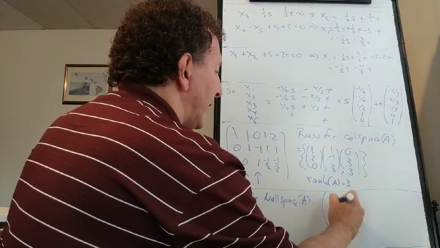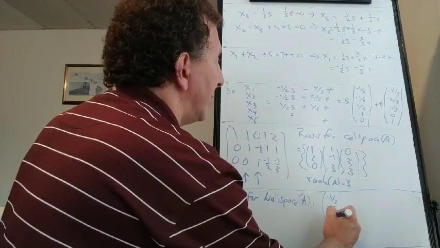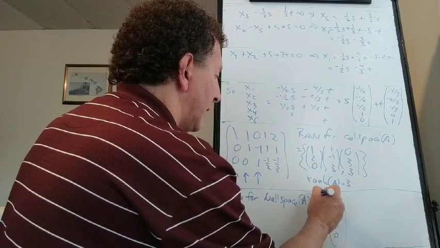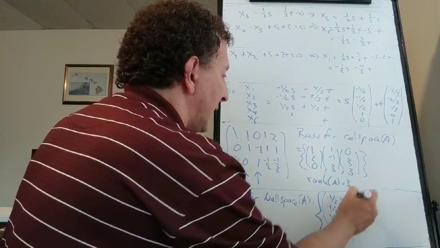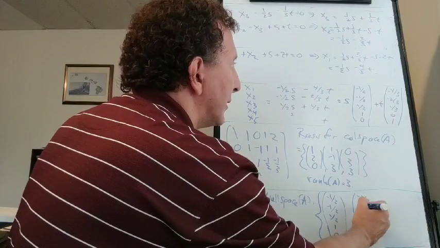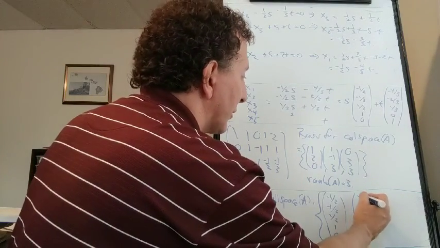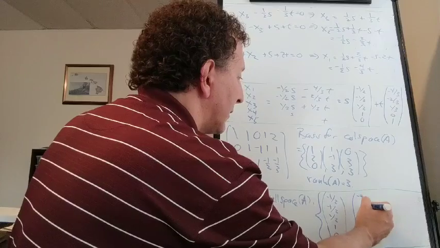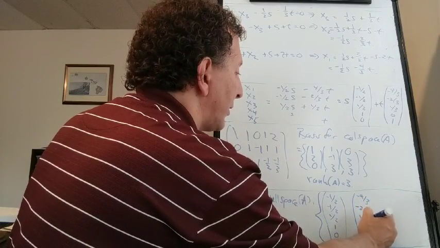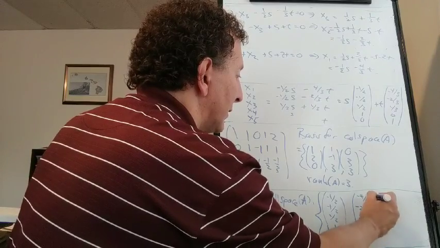So negative 1/2, negative 1/2, 1/2, 1, 0, and negative 4/3, negative 2/3, 1/3, 0, 1.